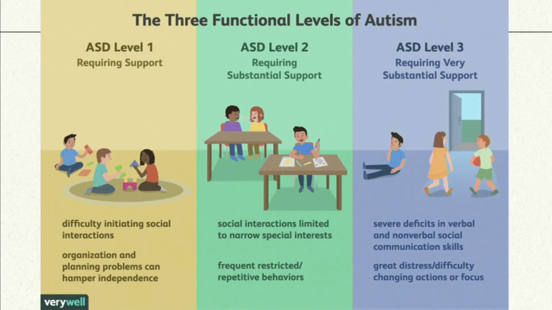And just to give you one language that we use for describing different levels of autism is this 3-level system, where level 1 could mean that a child or an adult requires a little bit of support or some special training, and then level 2 is sort of a middle area, and level 3, which is the level I worked with as a music therapist most of my time in the clinical field, refers to people who need help most of the time in most areas, and usually do for life.